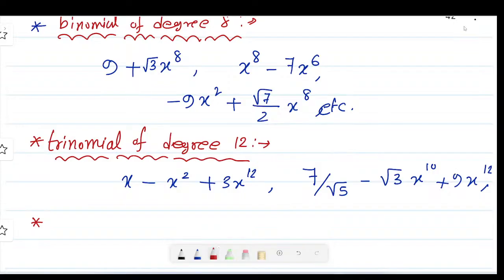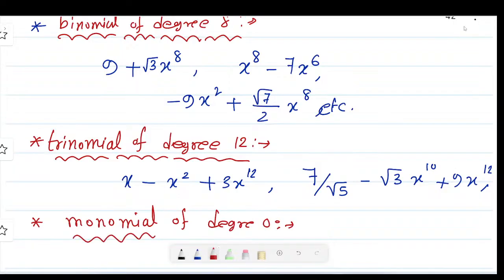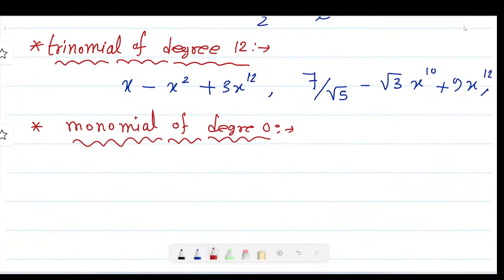Next is a monomial, meaning only one term, of degree 0. That means if a polynomial has degree 0, then the polynomial should be a constant polynomial. So we just take a constant value for a monomial of degree 0, that is 9, it may be root over 3, it may be 7 minus root 5, that is a constant value.